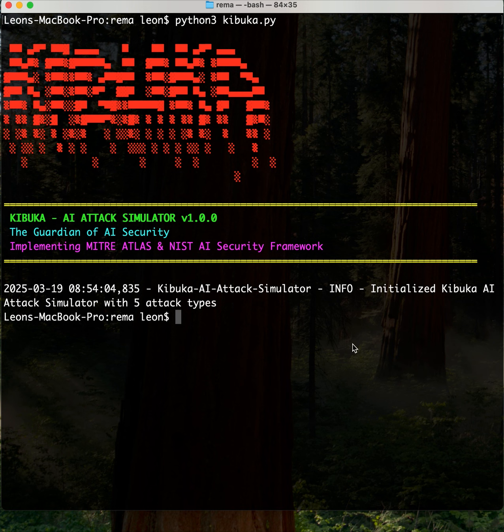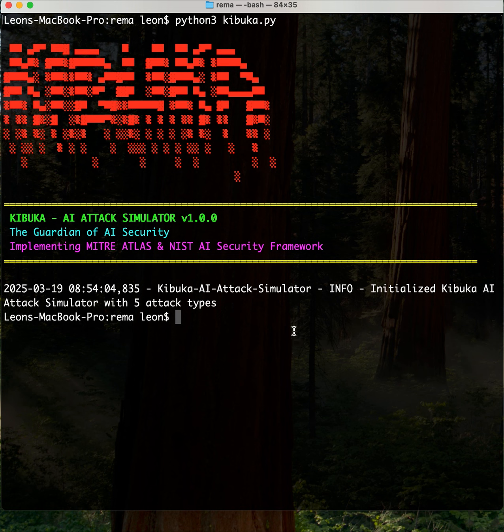It's the first comprehensive AI attack simulator that does not use AI, built on the foundations of MITRE and NIST AI security frameworks, to find these attack vectors and vulnerabilities. While other tools might test for one or two attack vectors, Kibuka provides comprehensive coverage when it comes to security testing.